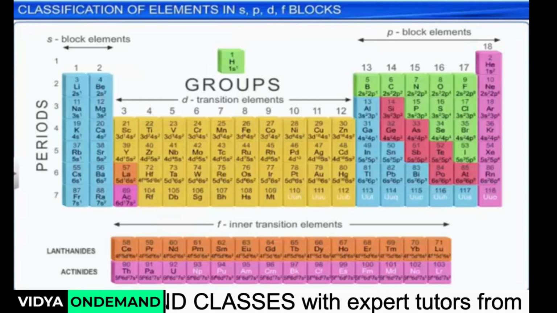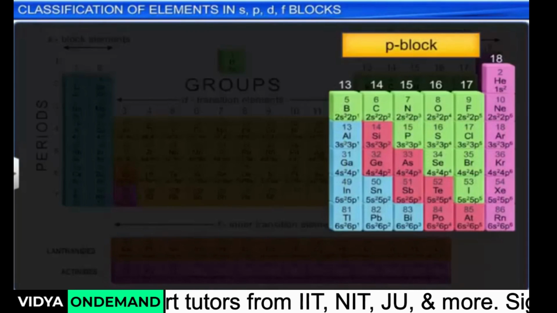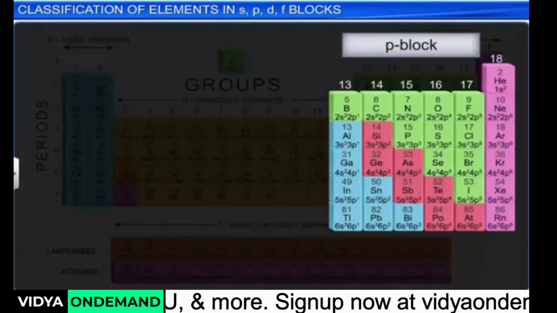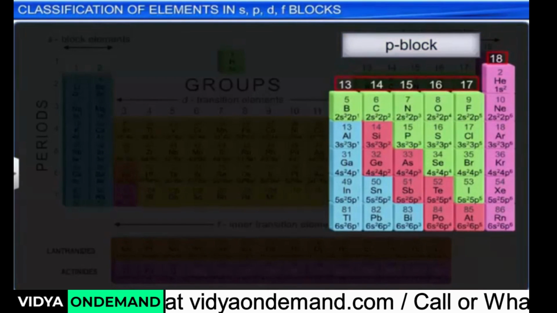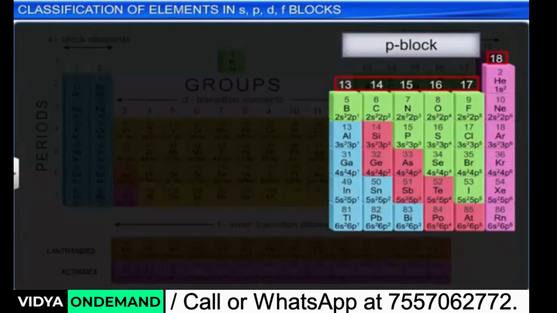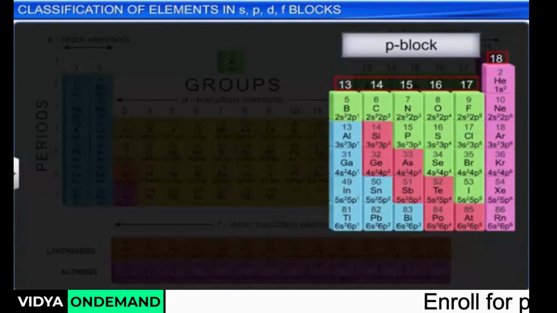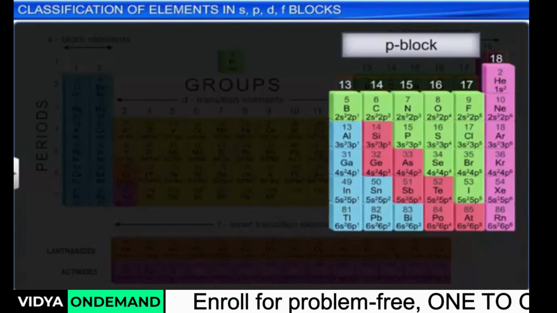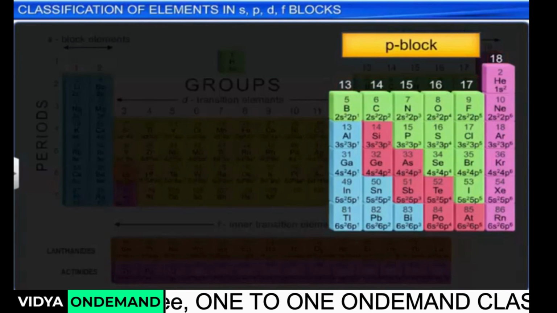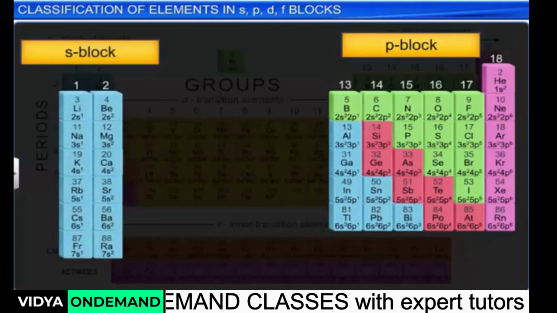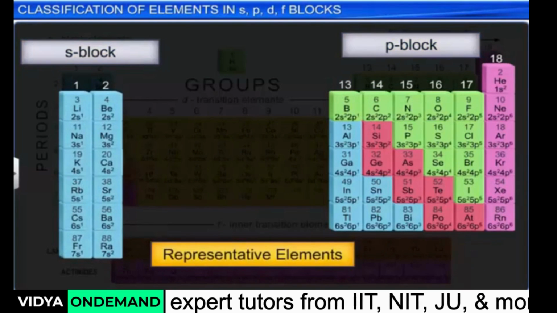Now let's discuss the properties of the p block elements. The elements of group 13 to 18, situated at the right side in the long form of periodic table, belong to this block. The p block elements, together with the s block elements, are called the representative elements or main group elements.